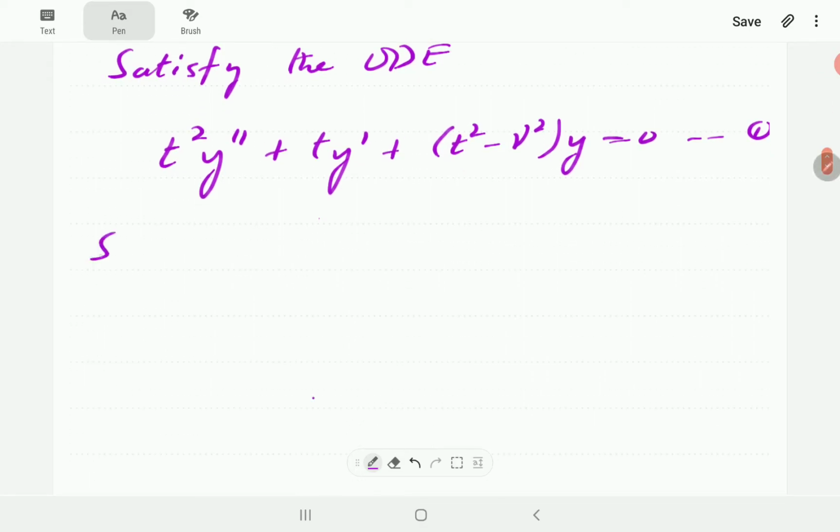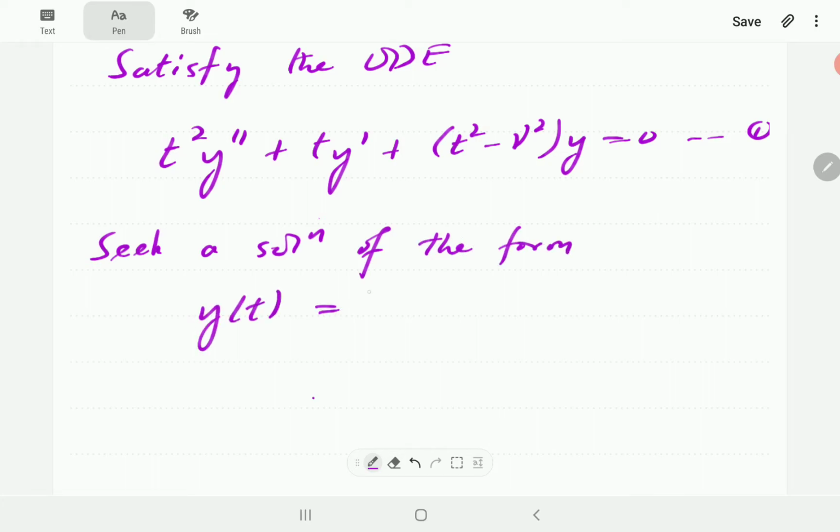So for this ODE, we're going to look for a series solution of the following form using the theory of Frobenius. Okay, we're going to look for a solution of the form y equal to the summation of a_k t to the power nu plus k, where k runs from 0 to infinity.